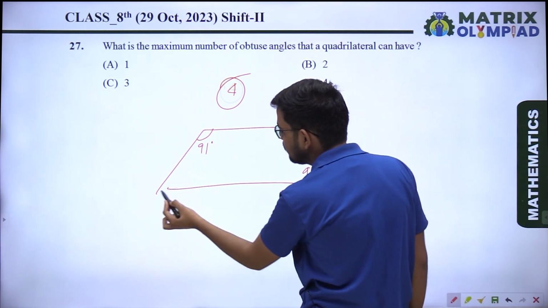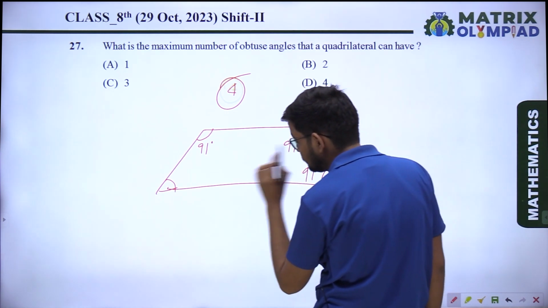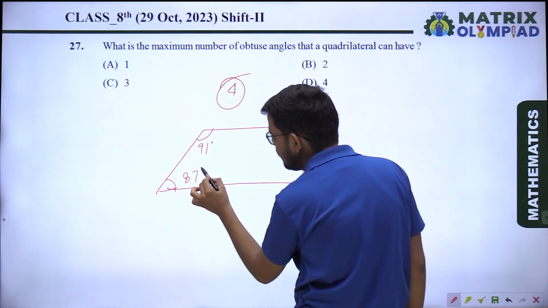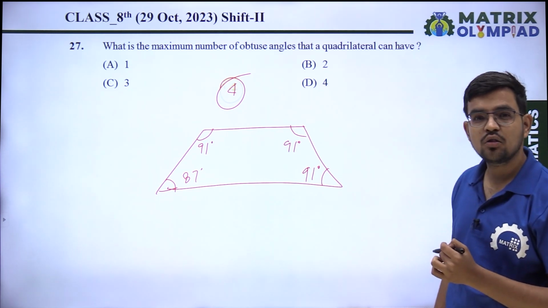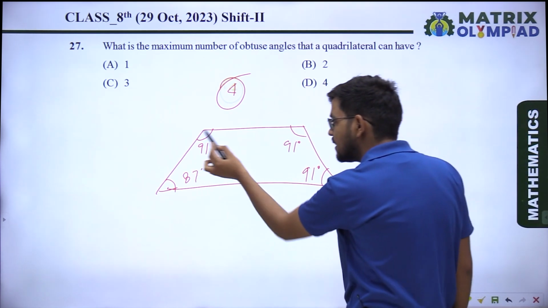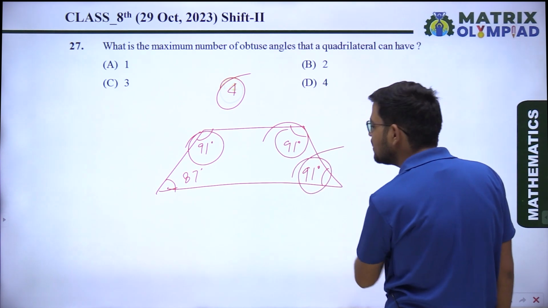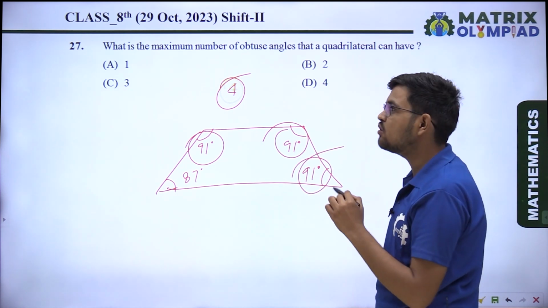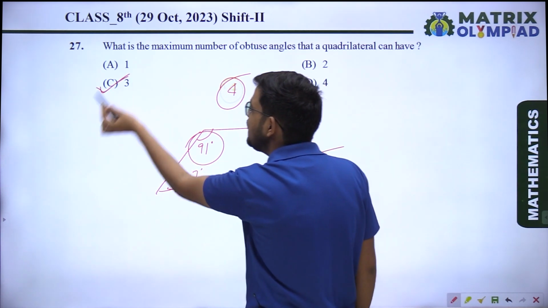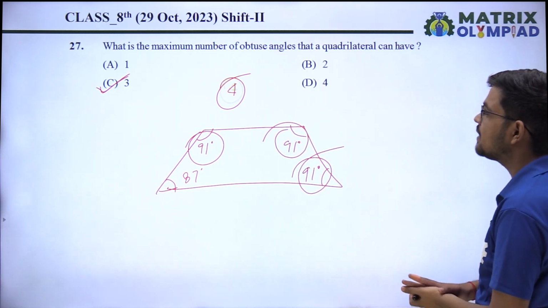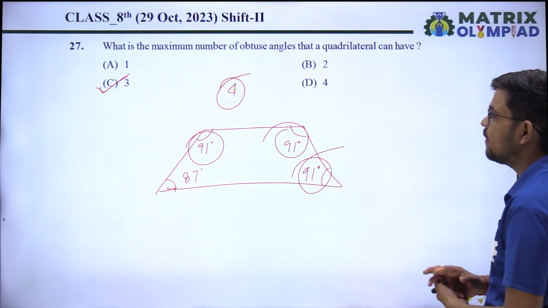So this angle will be 87 degrees. Yes or no? So this is obtuse, this is obtuse, this is obtuse. So how many obtuse angles can we have? Option C, we can have a maximum of 3 obtuse angles in a quadrilateral.